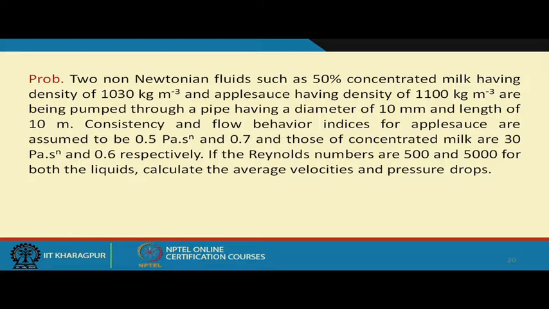Consistency coefficient and flow behavior indices for apple sauce are assumed to be 0.5 Pascal second to the power n and 0.7, and those of concentrated milk are 30 Pascal second to the power n and 0.6 respectively. If the Reynolds numbers are 500 and 5000 for both the liquids, calculate the average velocities and pressure drops.